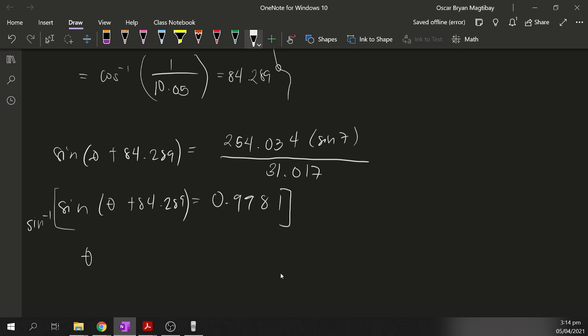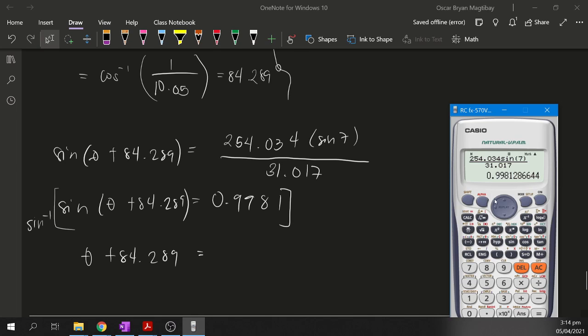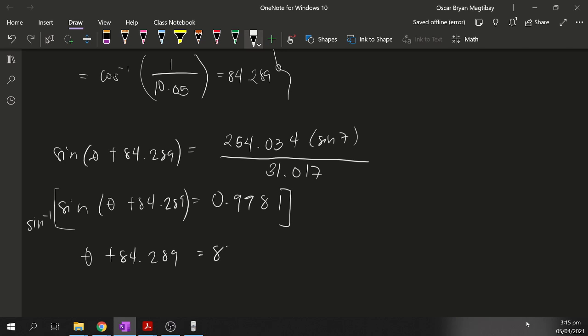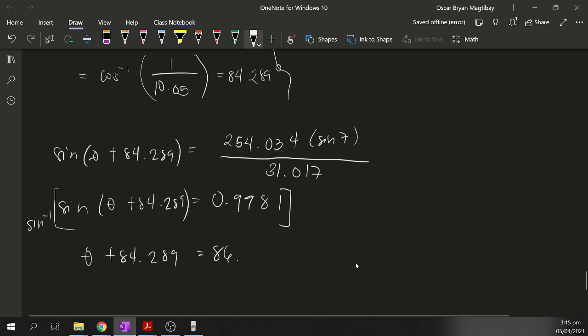So this would be theta plus 84.289 is equal to, you need to get shift arc sine ng answer. So this is 86.494.